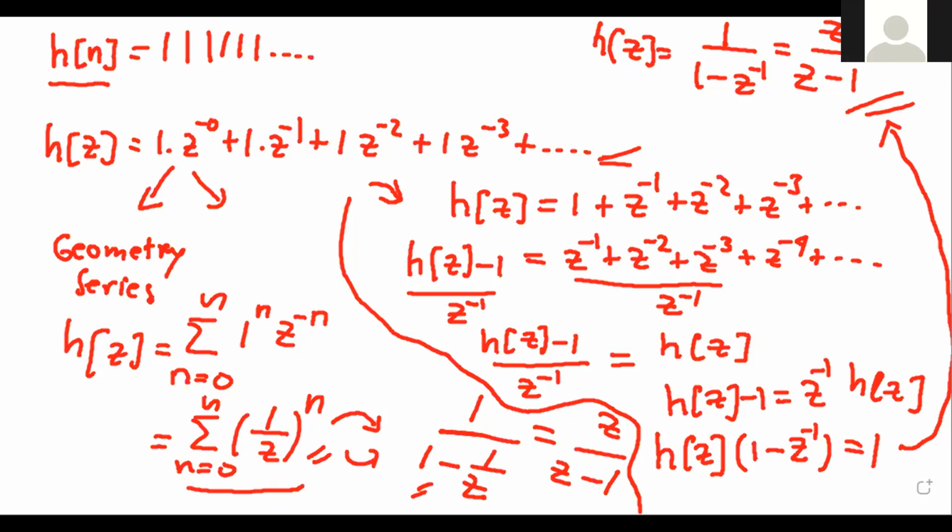The H(z) minus 1. Which one? Where do you get H(z) minus 1? Z minus 1. Yeah. Maybe you are asking why, something like that? Yes. How do you get H(z) minus 1?